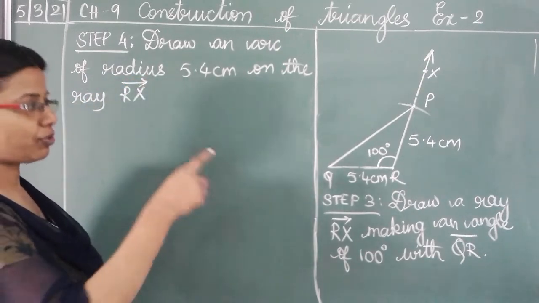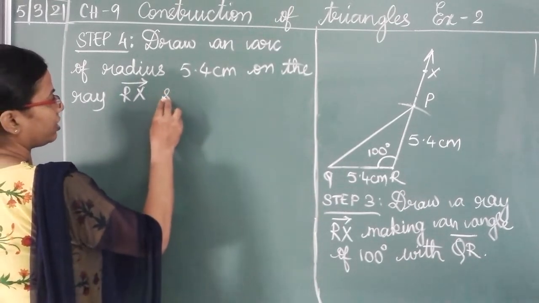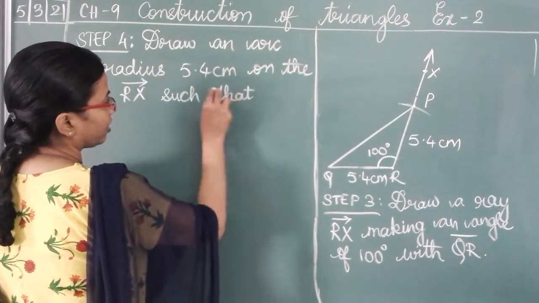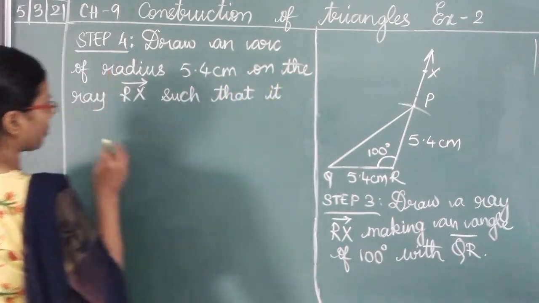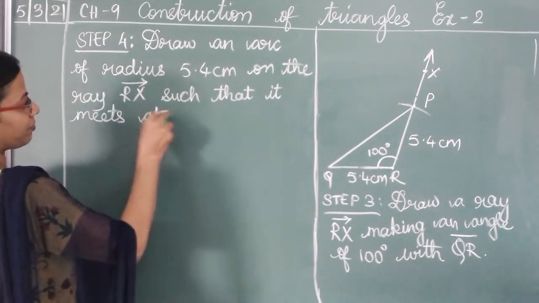On the Rx ray, we are going to draw the arc such that it meets or intersects at P.